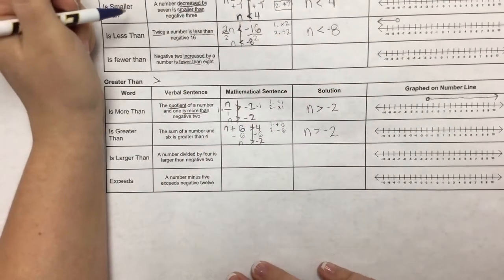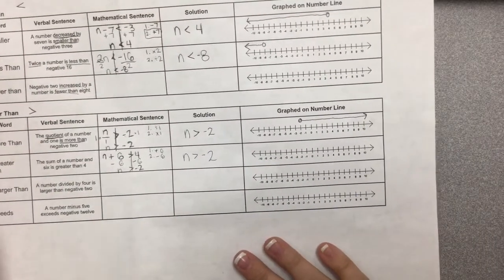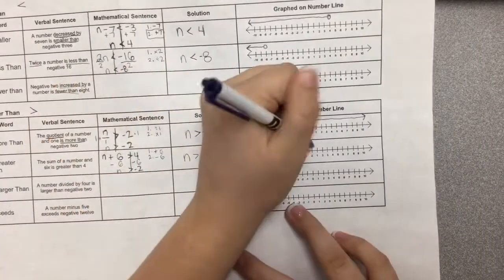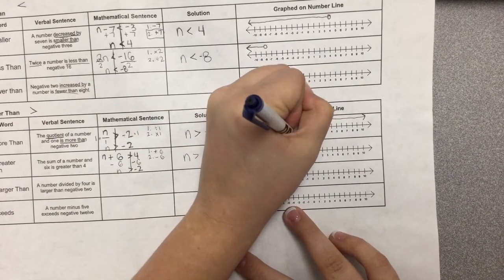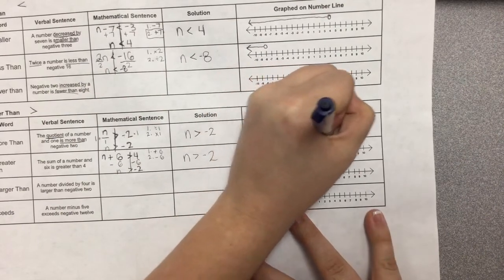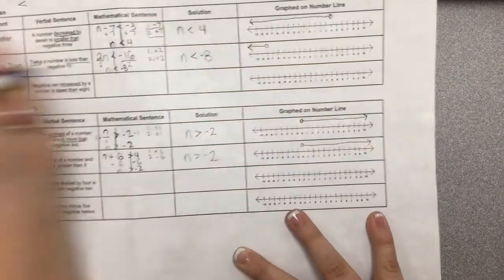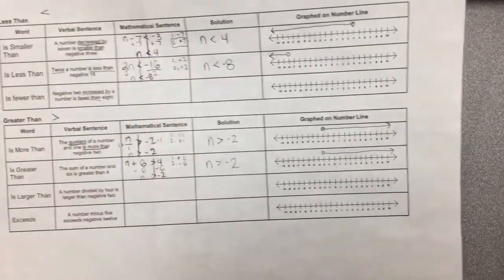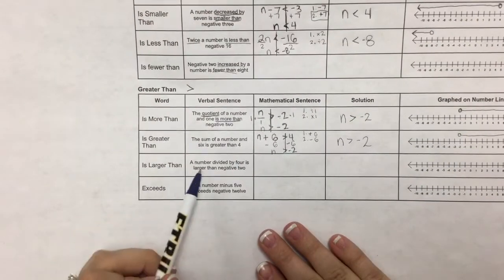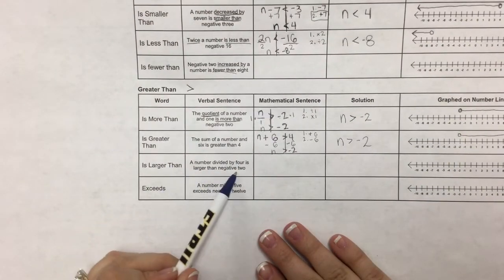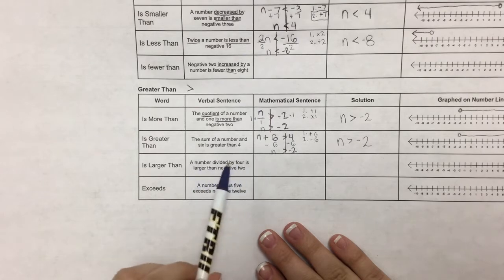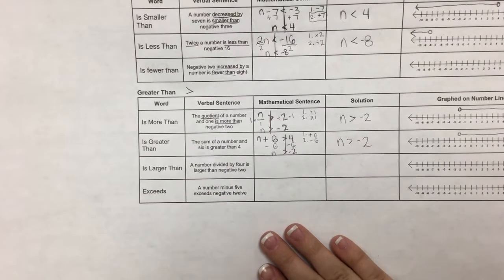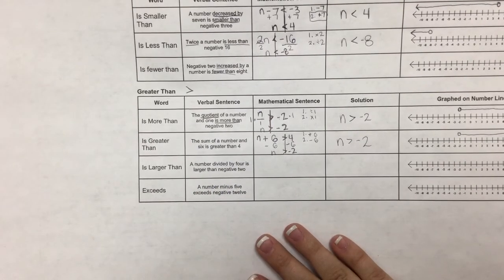Well, look at that. Our line is going to look the exact same because our solution is the same. So draw another open circle over our -2 and our line, arrow pointing to the right. I'm going to set up your mathematical sentence for the third one, but I want you to be able to do all of the fourth greater than problem.